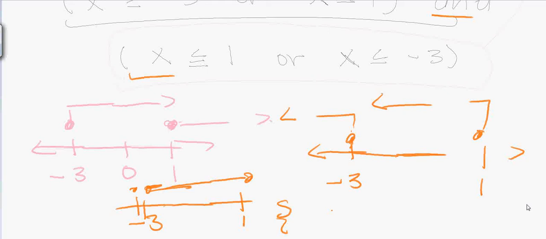And that would be your answer. Sorry, this thing was lagging. So yeah, right here, x such that negative 3 is less than or equal to x, which is less than or equal to 1. So essentially, x is greater than or equal to negative 3 and less than or equal to 1. That would be your solution set, and that would give you full credit on the test.